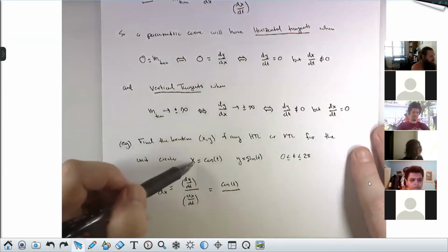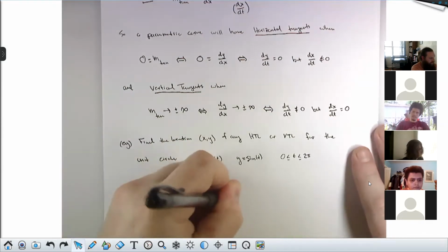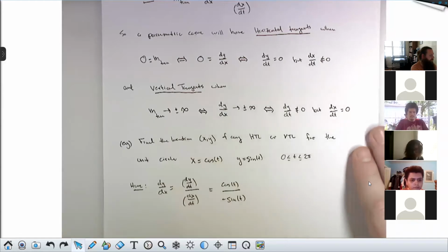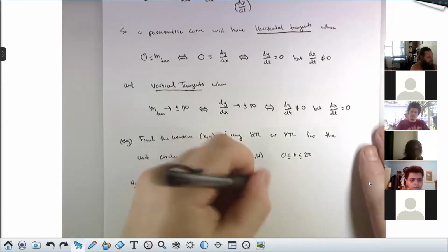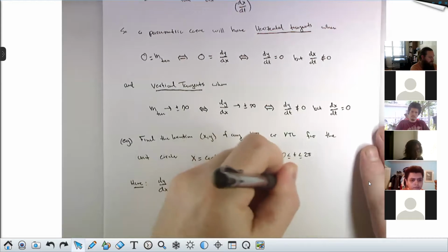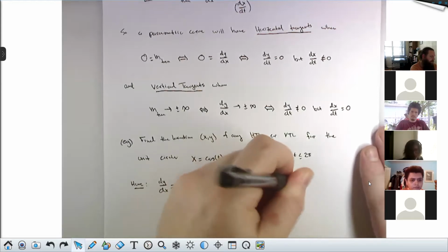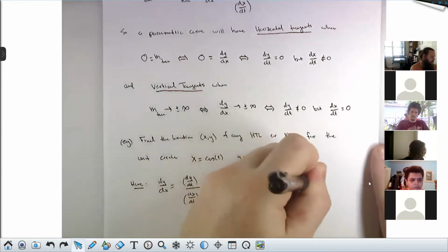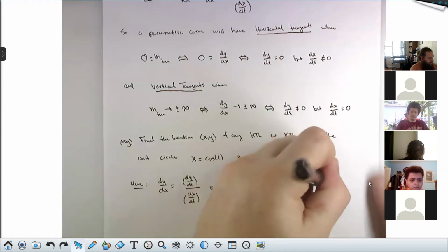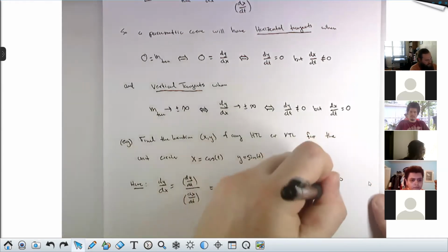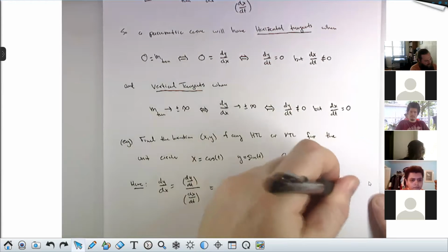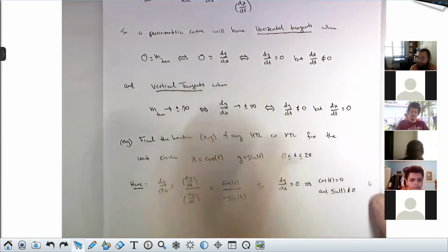And downstairs, the derivative of x, dx dt, is negative sine t. So dy dx is going to be 0 if cos t is equal to 0 and sine t is non-zero.